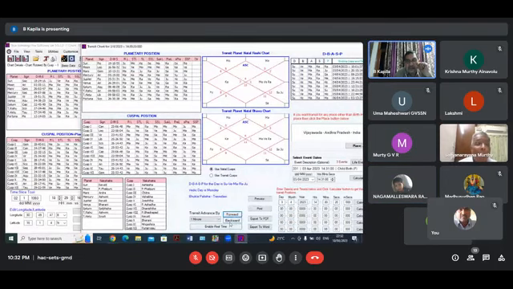Just a moment. Now this is the time period. So Rahu also. Saturn.